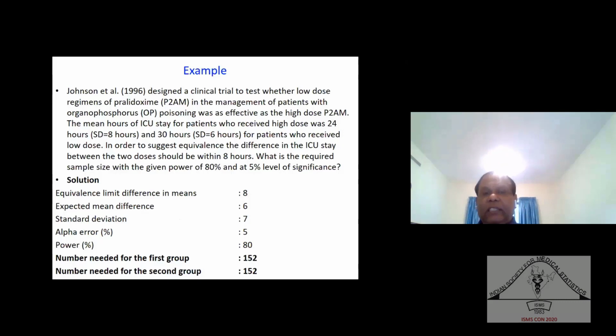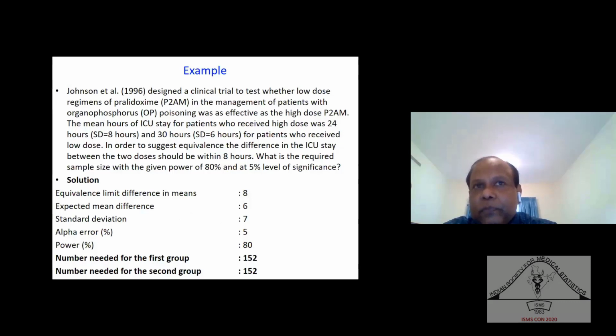We have discussed what an equivalence trial is. Every day we say one is better than the other. There was a question, what are superiority trials? If we say one is better than the other, we don't specify any margin.